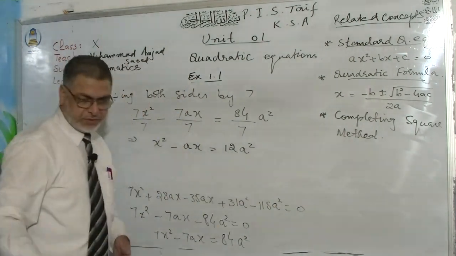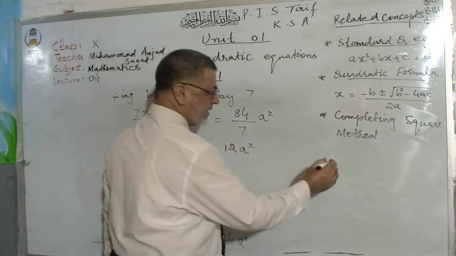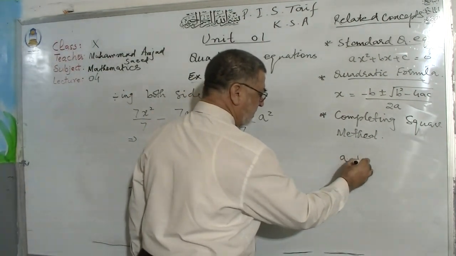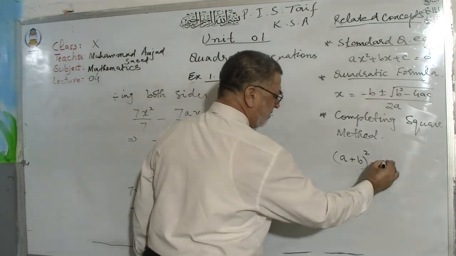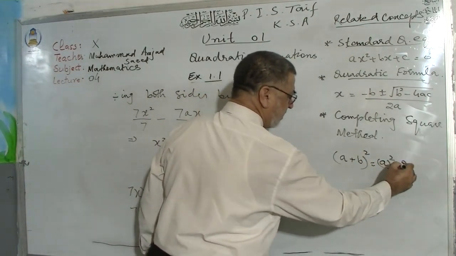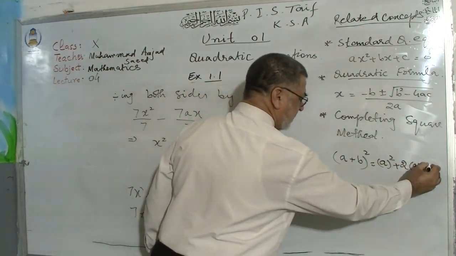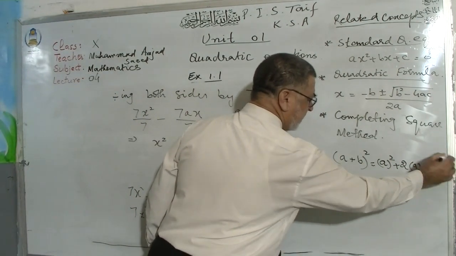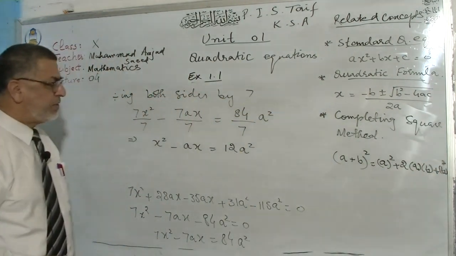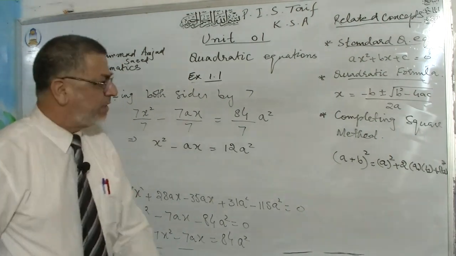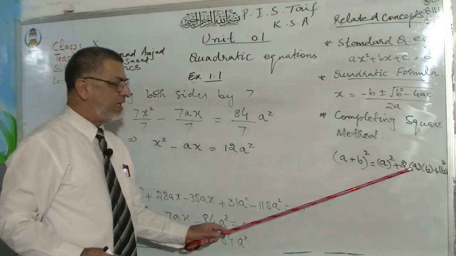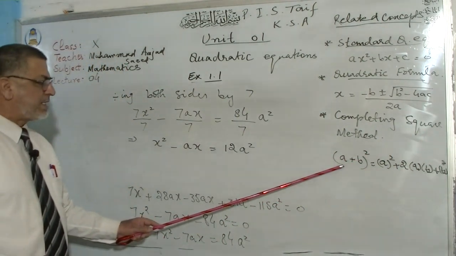Yesterday I told you, for completing the square, you know a plus b whole square, that is first square plus 2 into first into second plus second square. Remember that you are given the right hand side of the formula and you have to move to the left hand side.